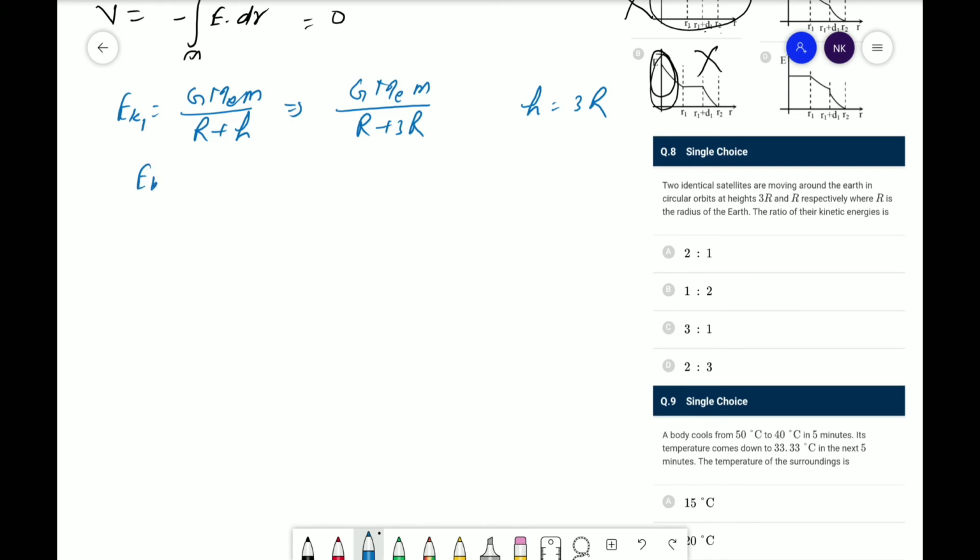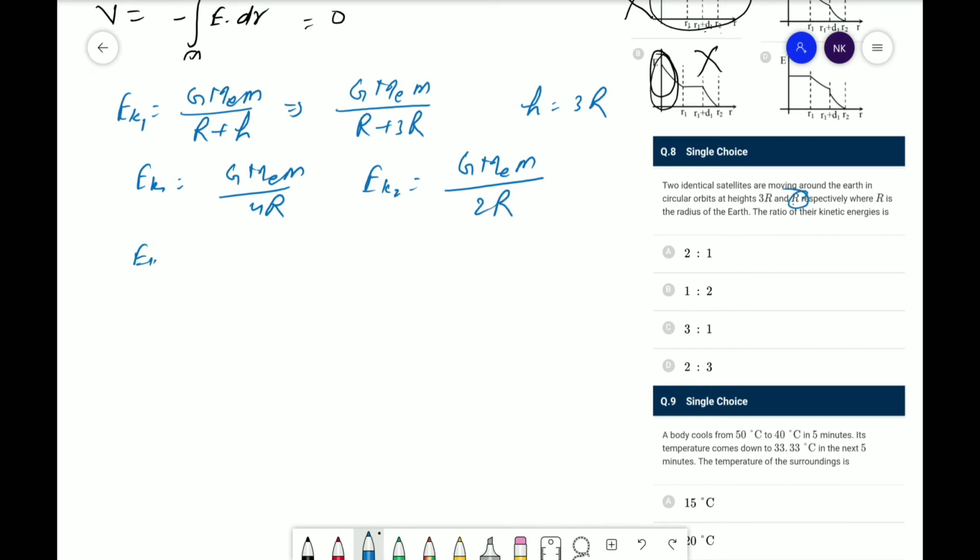Therefore EK1 will be equal to GMeM upon 4R. In the same way, EK2, the kinetic energy of the second satellite, will be equal to GMeM divided by (R plus height); it is given that height is R, hence R plus R is 2R.